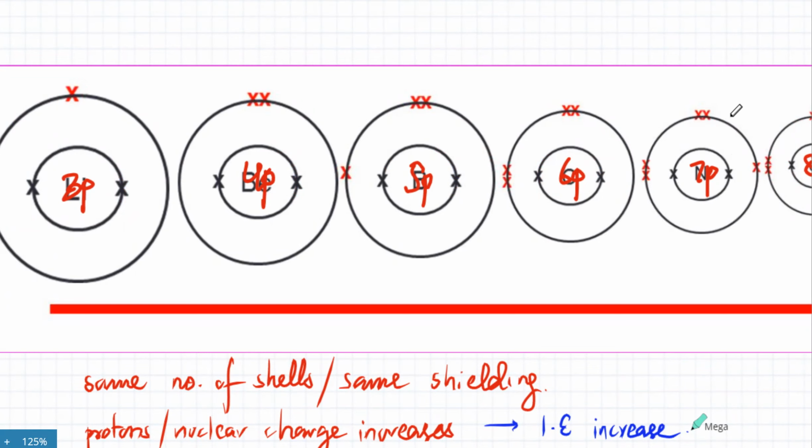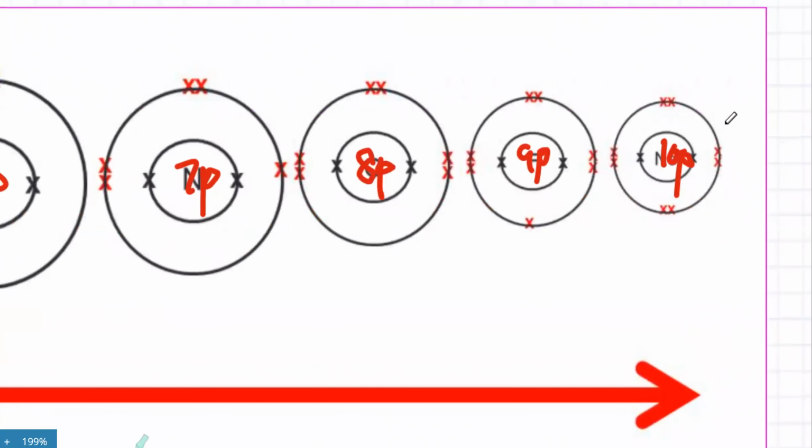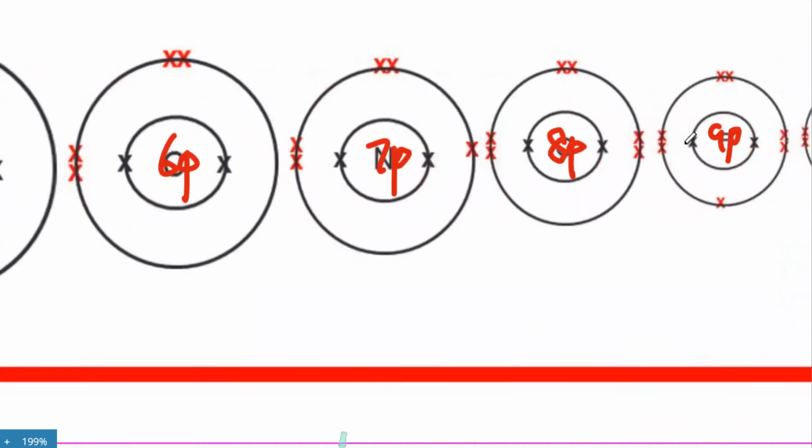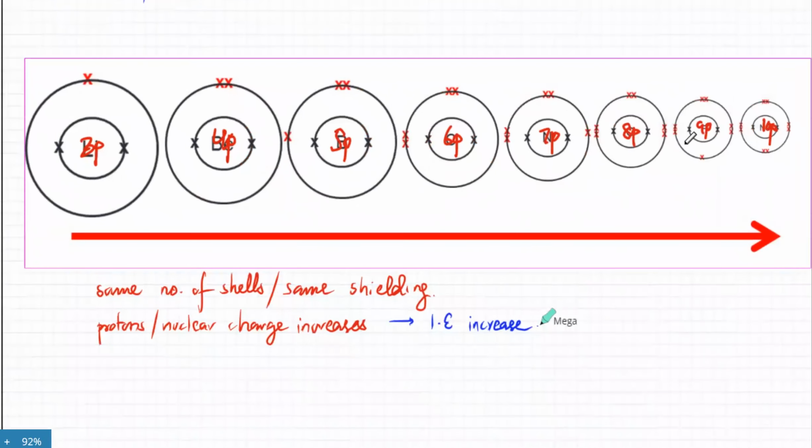So the size of the atom starts to decrease. Why is fluorine so small? Because it's got 9 protons. It attracts its electrons very, very strongly. And neon is even smaller. So when you move across the period, the sizes of the atoms start to decrease.